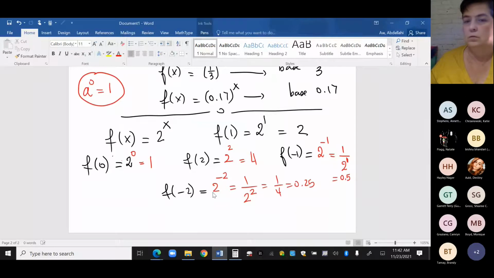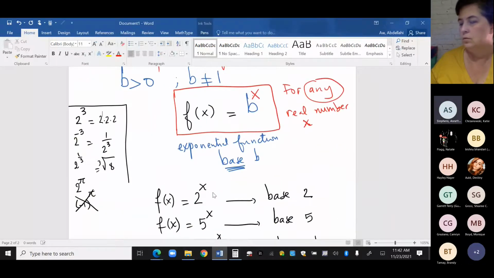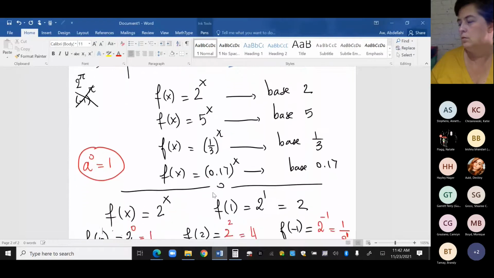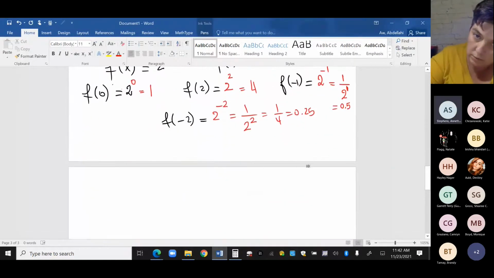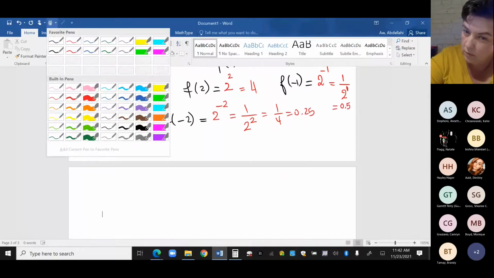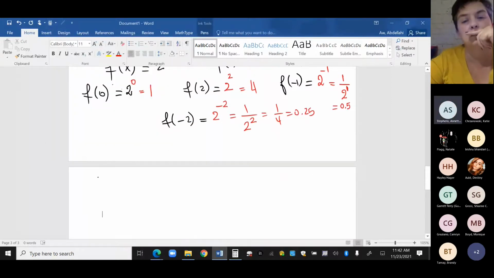So if I want to graph this function, exponential base 2 of x, I have 5 points. Let me see what are the 5 points I'm going to use. I have this x here, and this y here. F of 0 is 1.